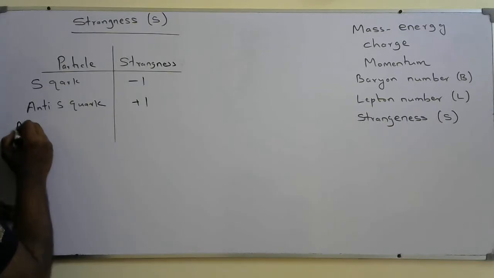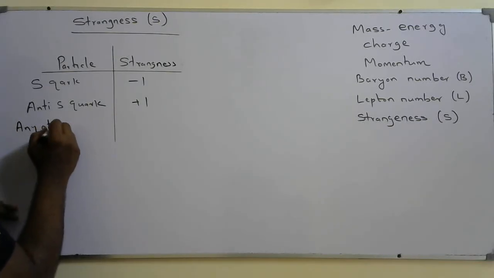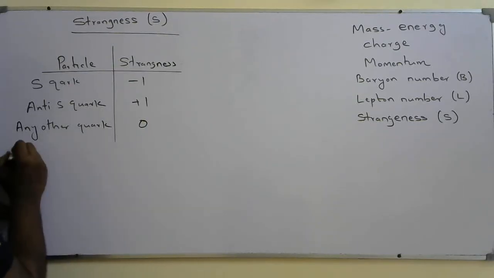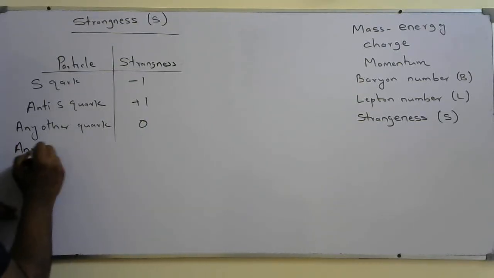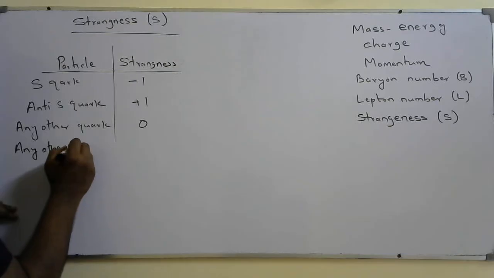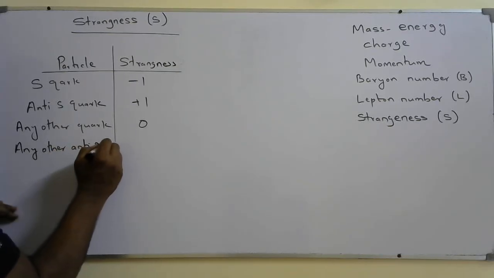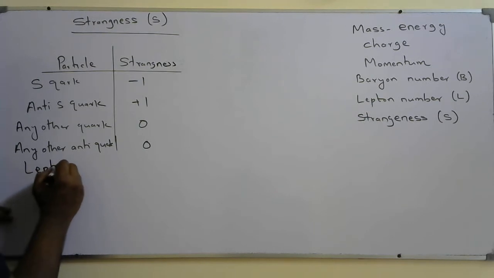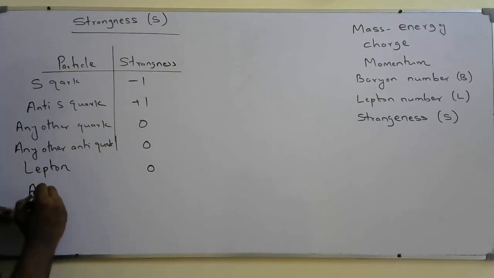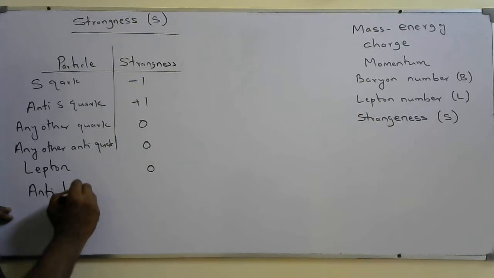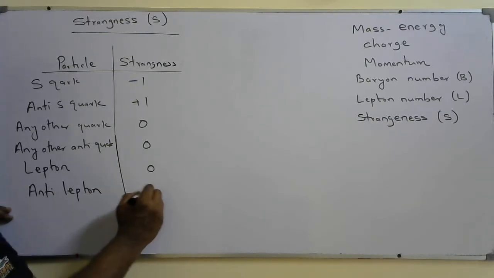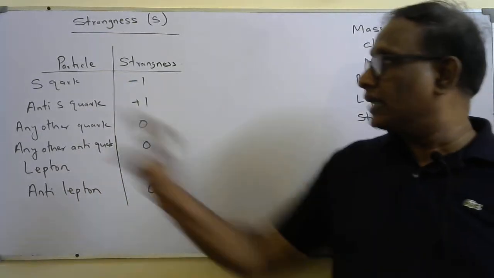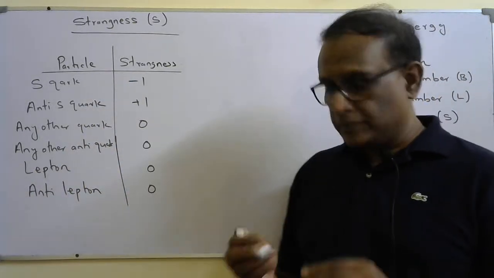For any other quark, 0. Any other anti-quark, 0. Any lepton, 0. Anti-lepton, 0. So it's assigned only for the S quark, strange quark, -1, and anti-strange quark, +1.